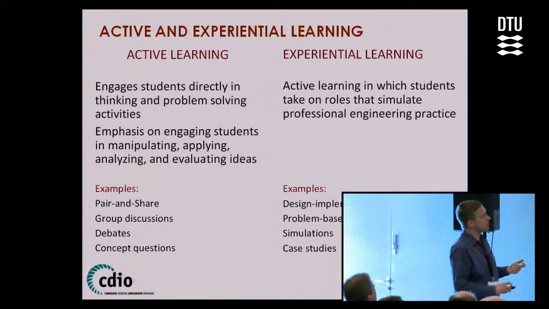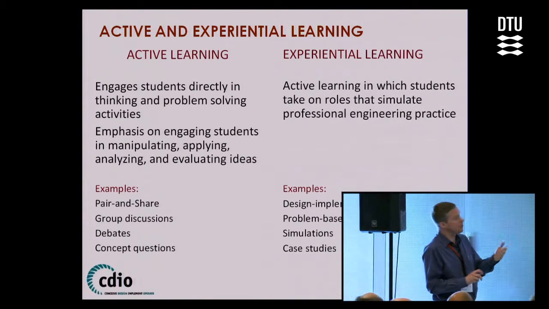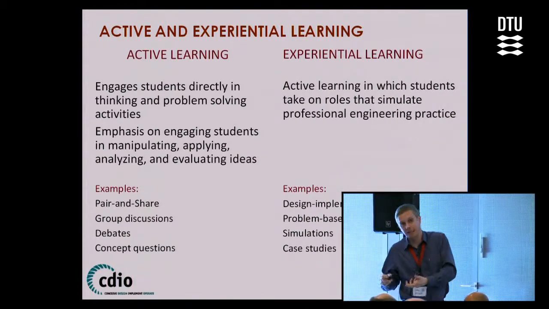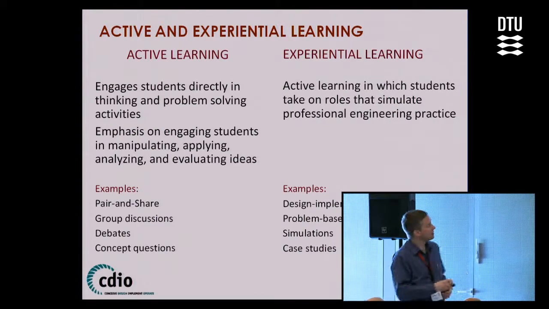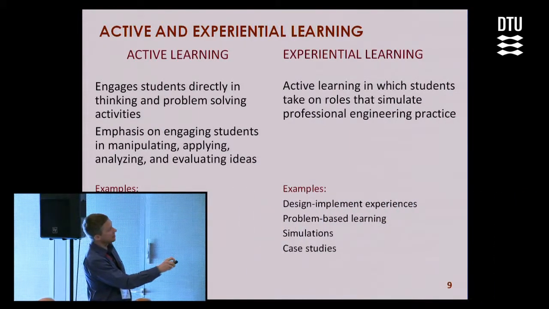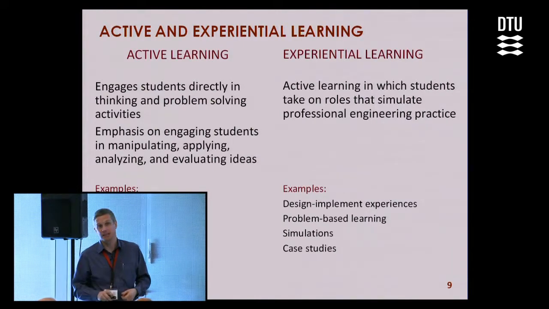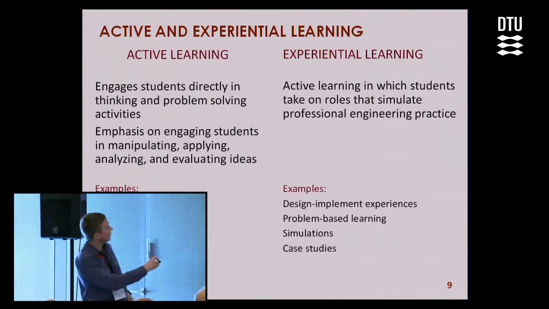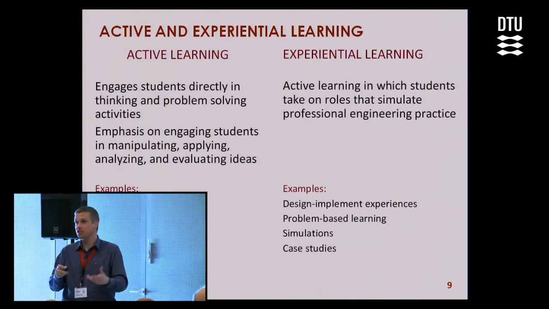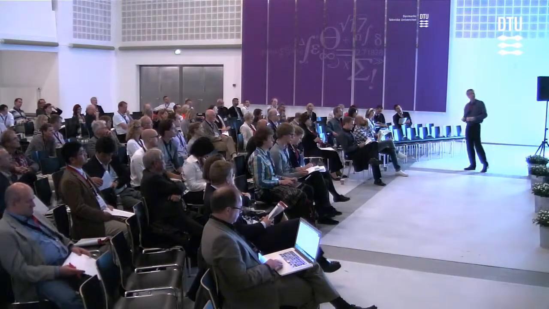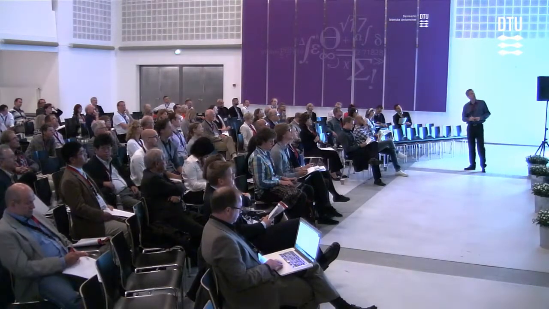Experiential learning is where we ask the students to do something relating to engineering practice and to learn by doing that activity. And good examples of that are things like design implement exercises that we're going to talk about in the next session after lunch. Okay, so I'm really going to concentrate on approaches that lead to active learning in a sort of classroom setting. Okay?